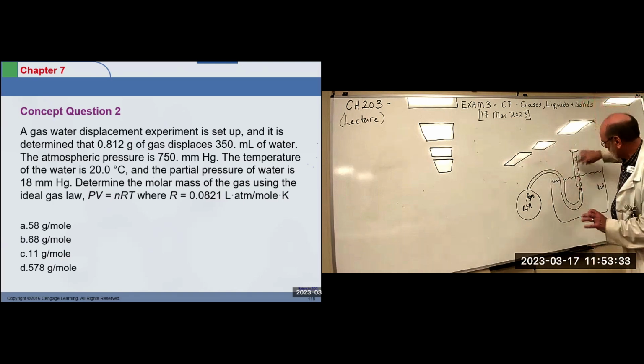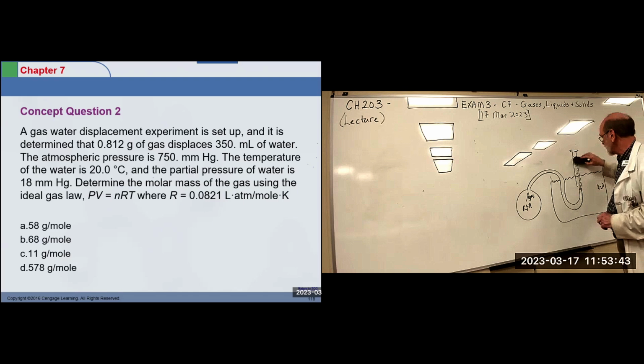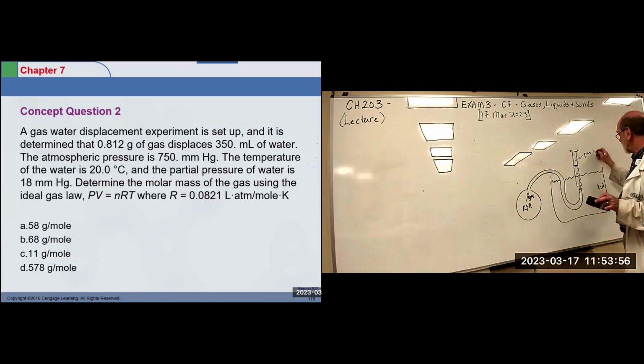And it's been inverted here, right? So as the gas accumulates up here, we get it. It's filling the space. And eventually the reaction is complete, and we have this much gas here, plus what? Water vapor.